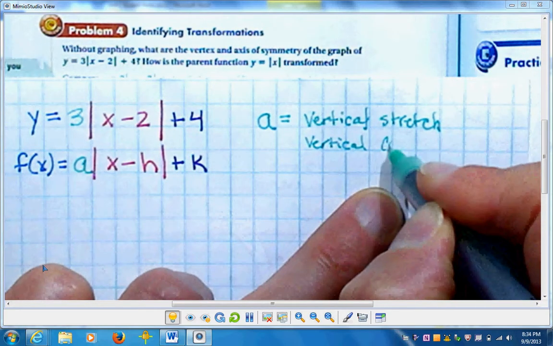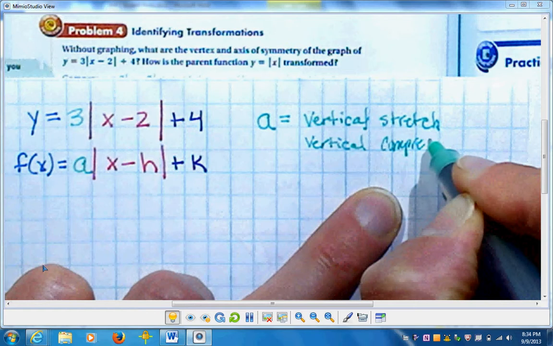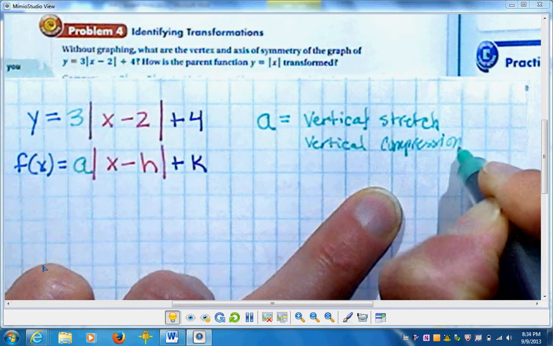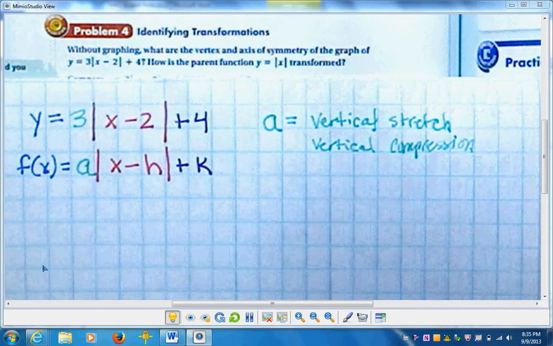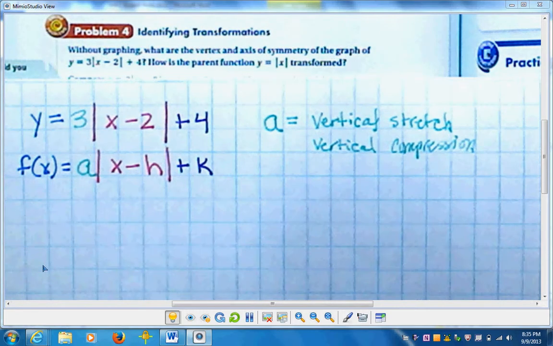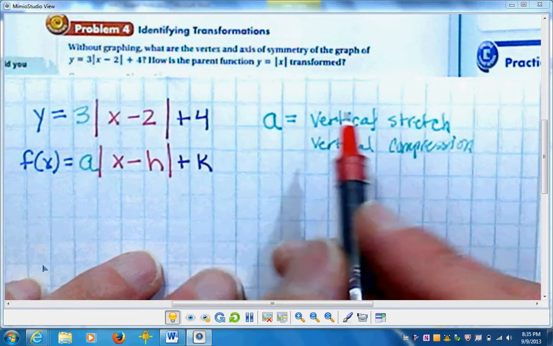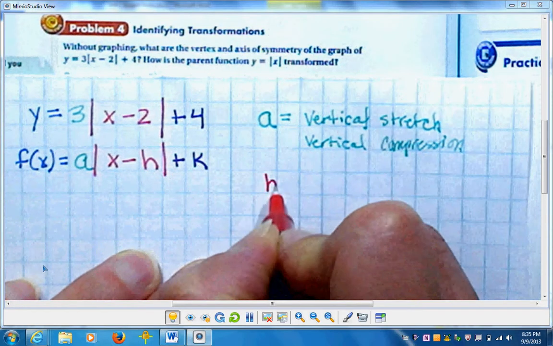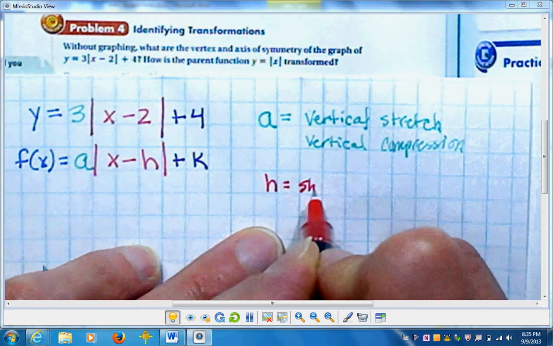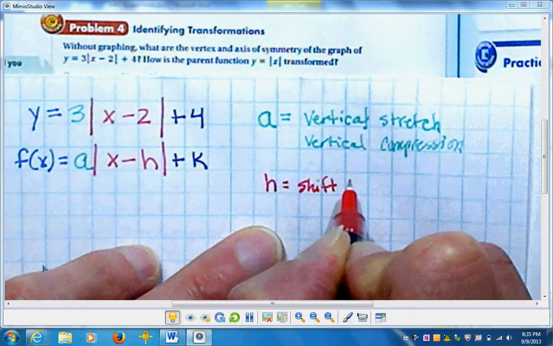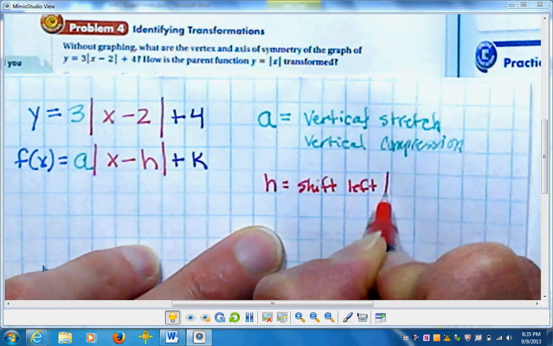And our h has to do with shifting left or right.